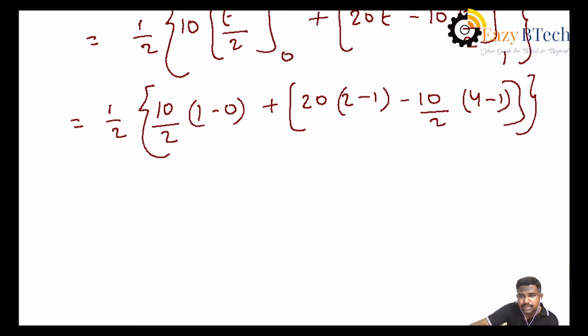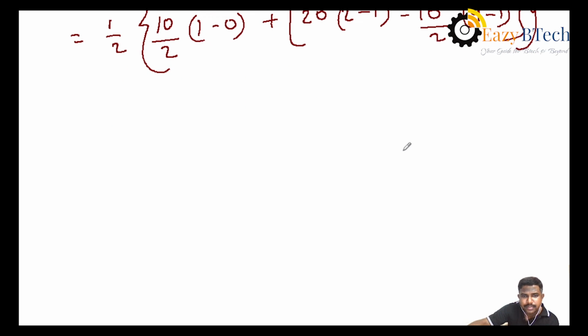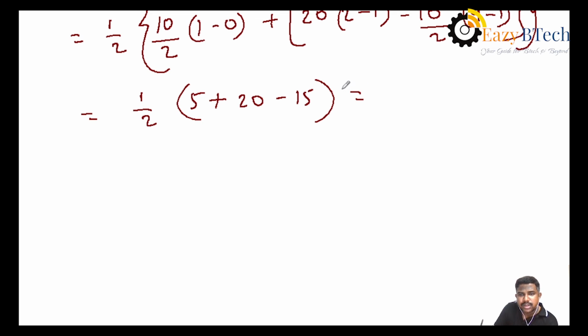Then simplify the equation. 1 by 2, 10 by 2, 5, plus 2 minus 1, 1, that is 20, minus 10 by 2, 5, 4 minus 1, 3, 5 into 3, 15. 20 minus 15, 5. 5 plus 5, 10. 10 by 2, 5. That is 5 volts. So this is the average value for the given waveform, 5 volts.